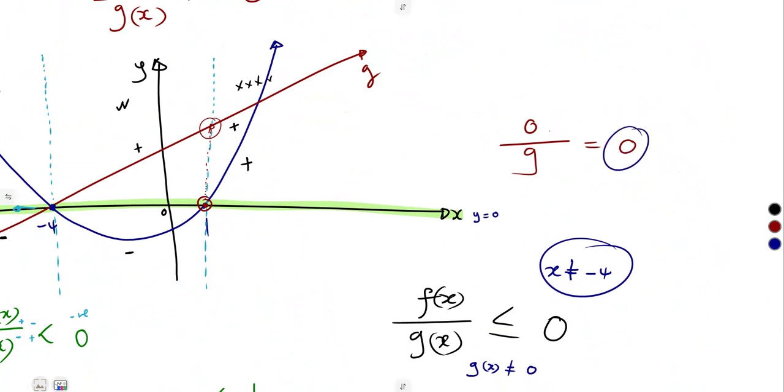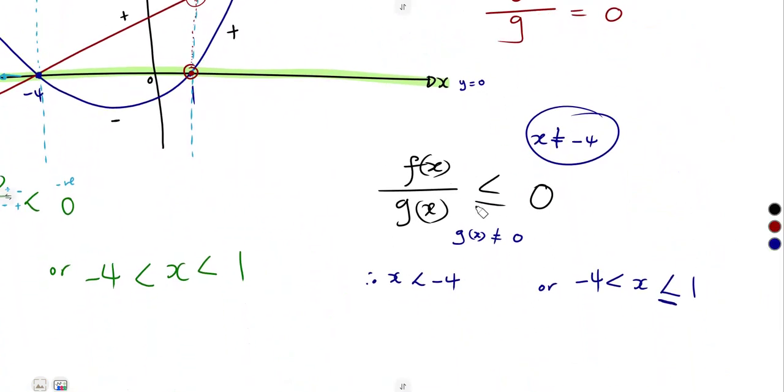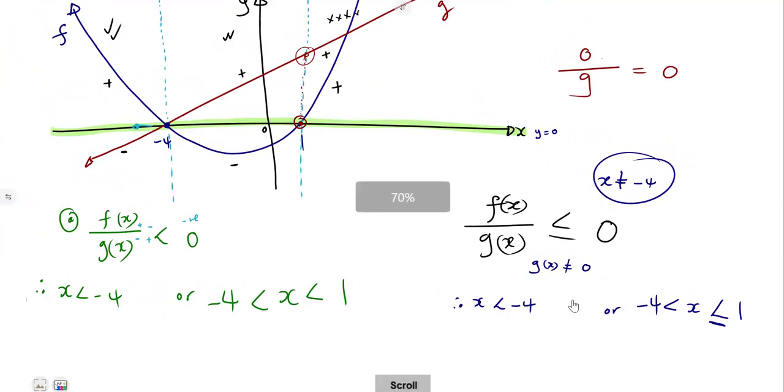So it will give us a 0, therefore satisfying the condition that this here can be less than or equal to 0. But we must be careful. It does not just be put equal to equal. No. Whenever there's a fraction, you compare. The denominator is not supposed to be equal to 0. You must take note of that one.